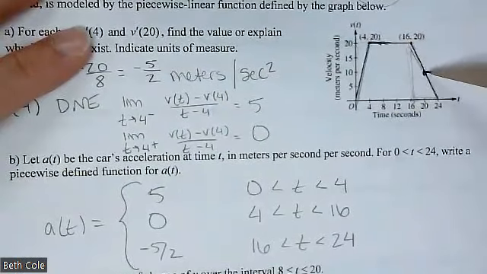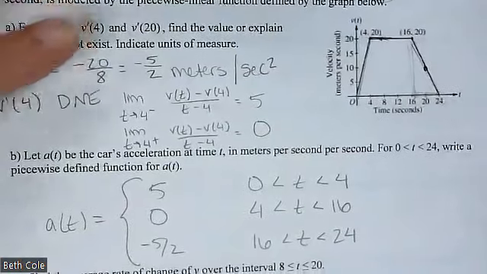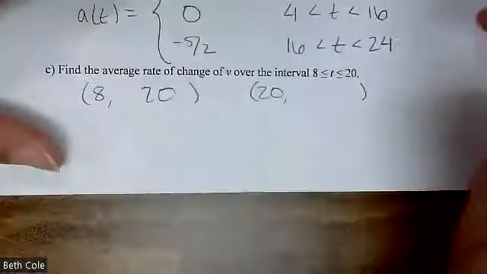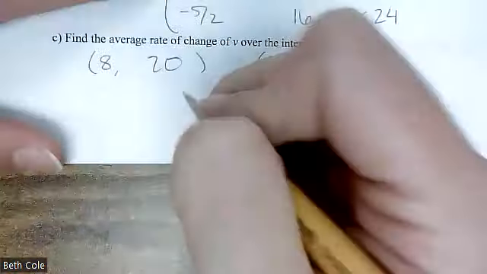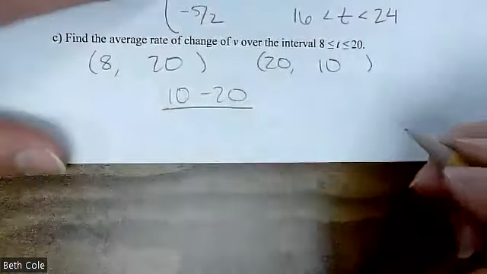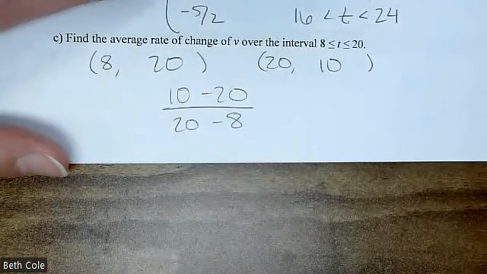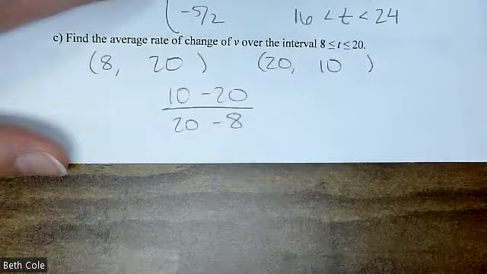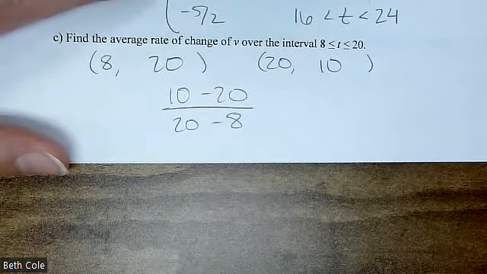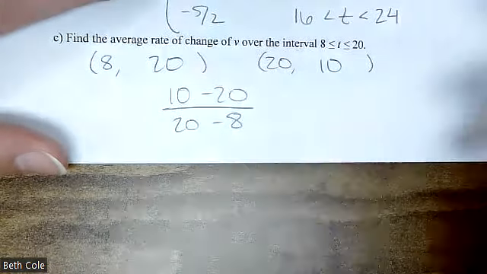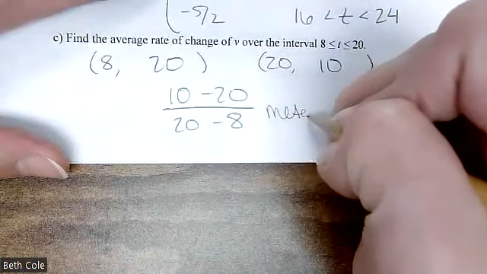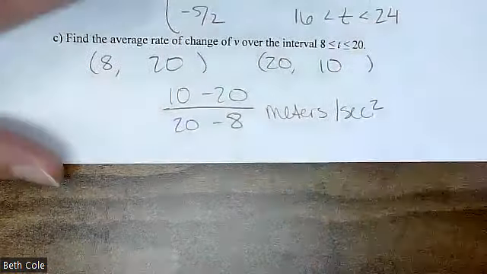And then 20 is 10, halfway in between there. And then you'll set it up 10 minus 20 over 20 minus 8. Try really hard not to do anything to that. But we do want units. And that was velocity, which was meters per second. So if you do a rate of change of that, it will be meters per second squared.